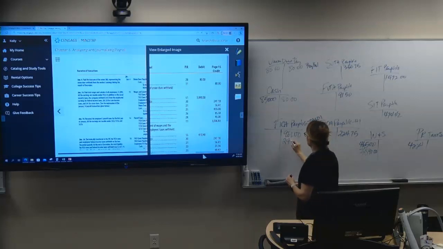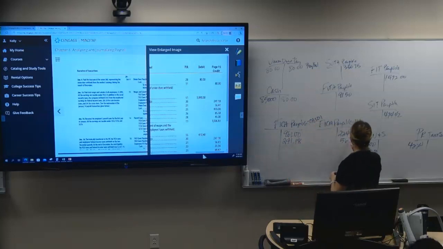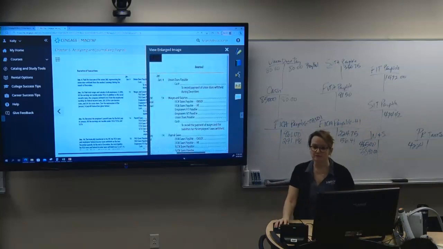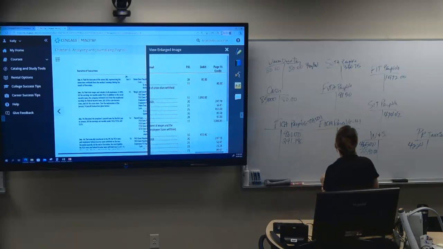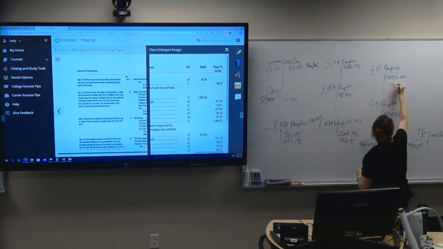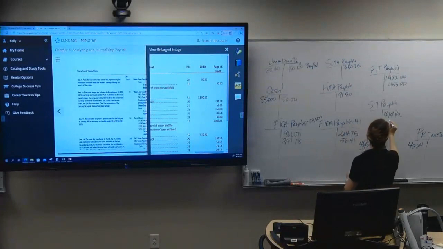And $56.41. And then the 455, I assume that's our federal income taxes payable, and then state income taxes payable. 455. And 8558.